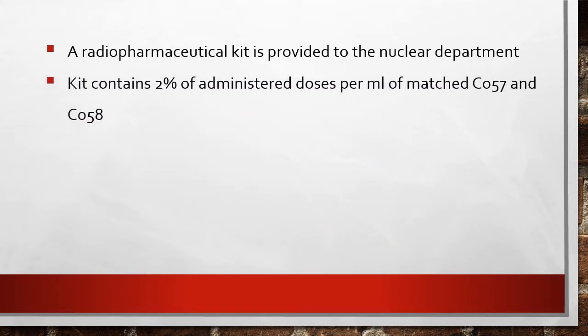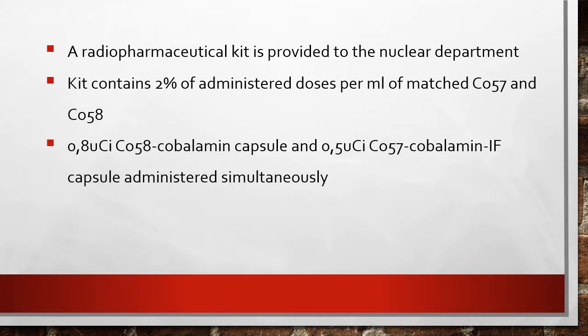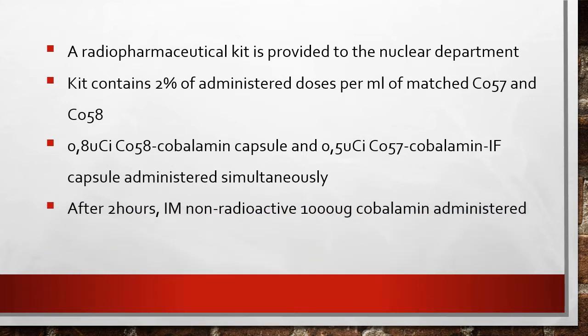For reference purposes, the Schilling kit contains 2% of the respective administered doses per milliliter of matched cobalt-57 and cobalt-58 standards. 1 capsule of 0.8 microcuries cobalt-58 cobalamin without the intrinsic factor, and 1 capsule of 0.5 microcuries cobalt-57 cobalamin pre-incubated with the intrinsic factor is administered to the patient. 2 hours after oral administration, an intramuscular injection of 1,000 micrograms non-radioactive cobalamin is given to the patient.